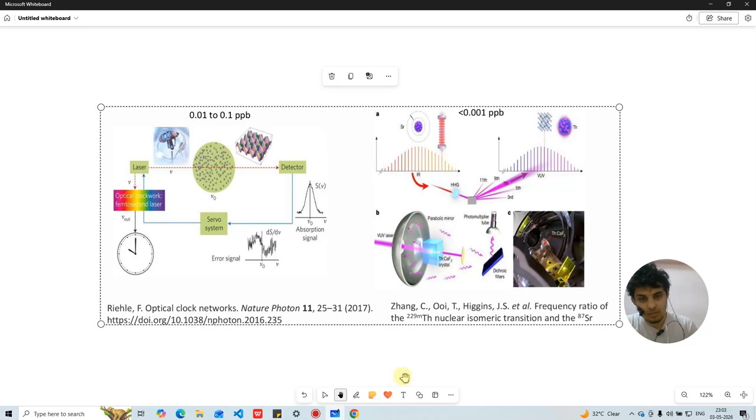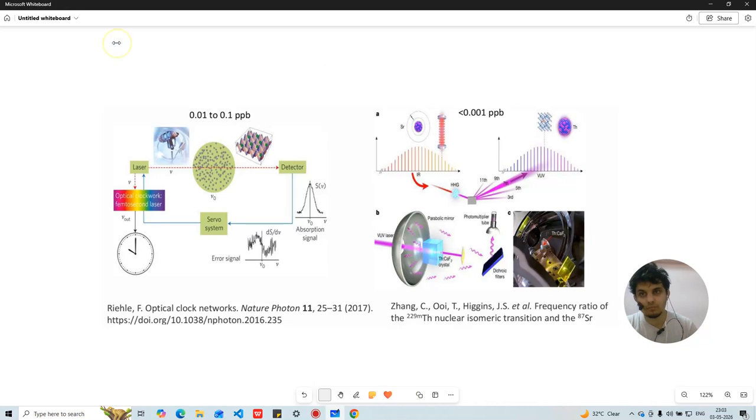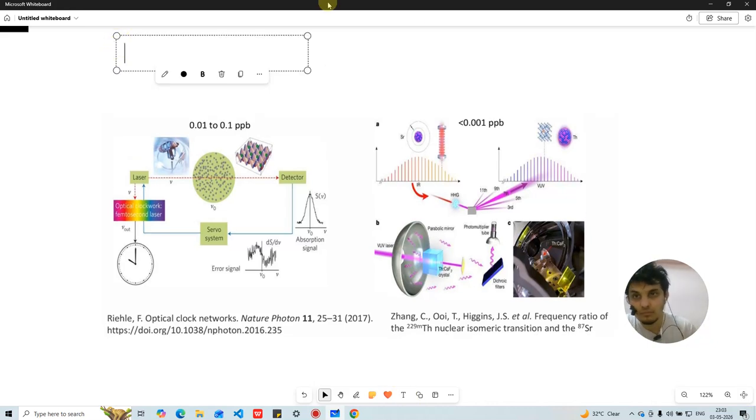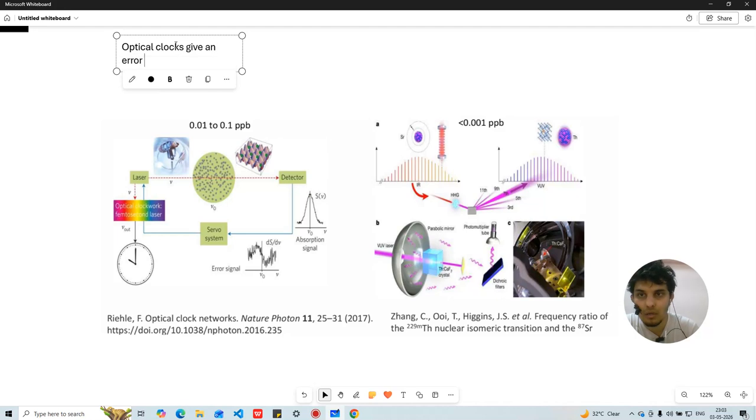Optical clocks give an error of 1 second in billions of years.